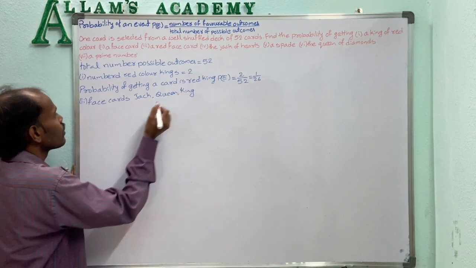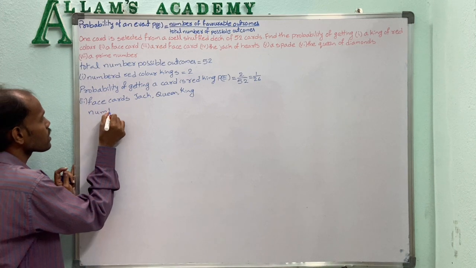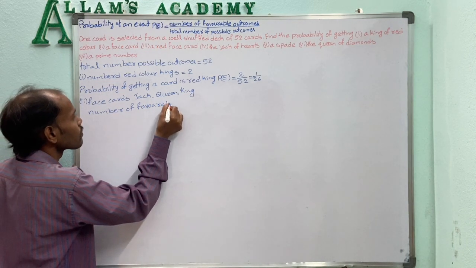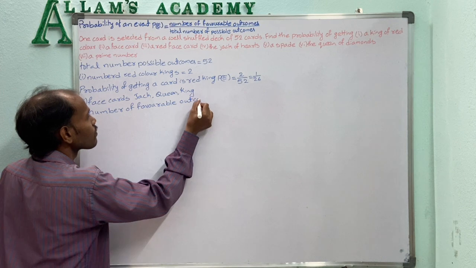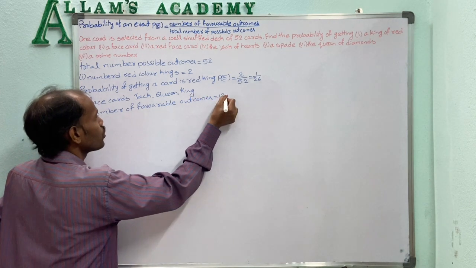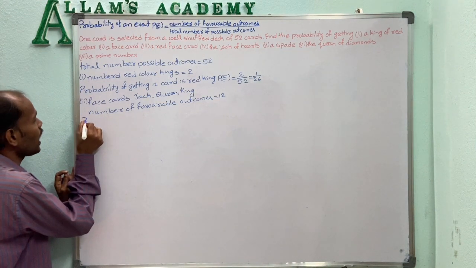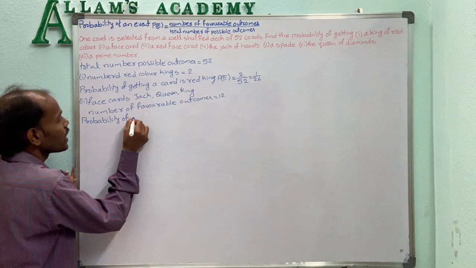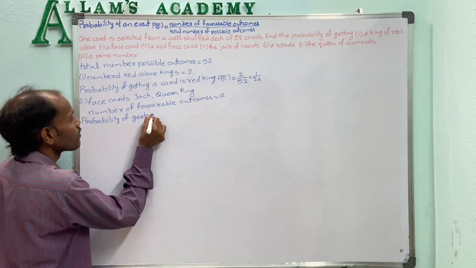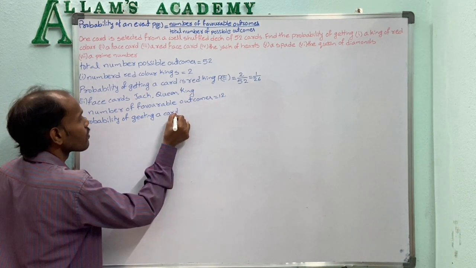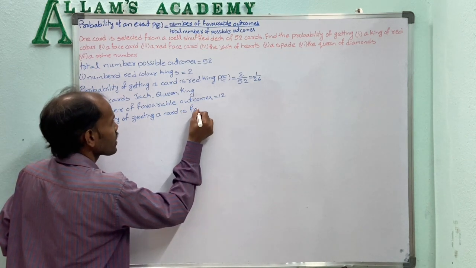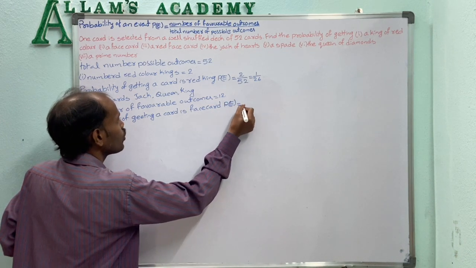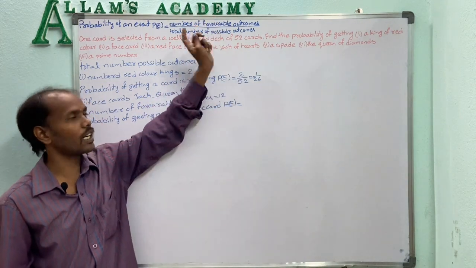So the number of favorable outcomes is 12. The probability of getting a face card: P of E is equal to number of favorable outcomes by total number of possible outcomes.